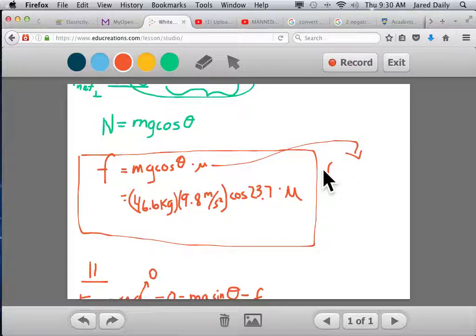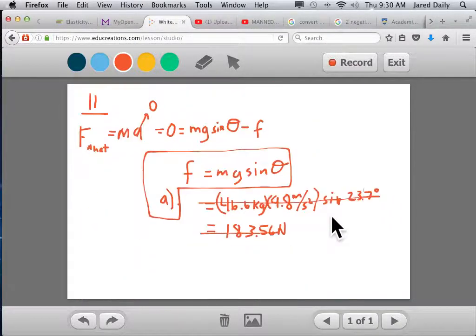So you divide your friction, your regular equation, by the normal force. You can do it either way, it'll give you the same answer. So mu equals your friction divided by mg cosine theta.